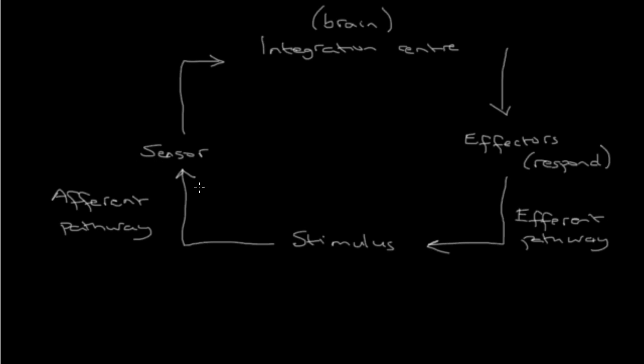So what's going to happen here? Well, what's going to happen is that there's going to be a stimulus of some description. So the body gets cold, or the blood sugar starts to drop, and this is sensed through the afferent pathway by a sensor. This sensor then sends the signal back to the integration center, into the brain in our case.